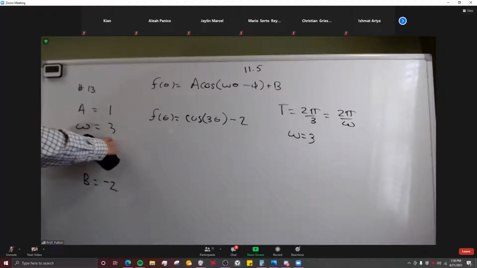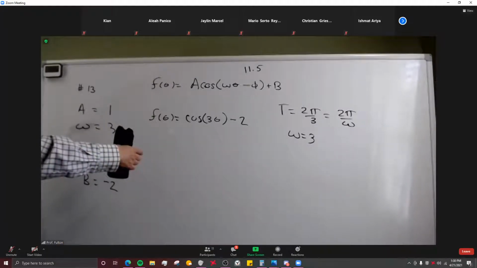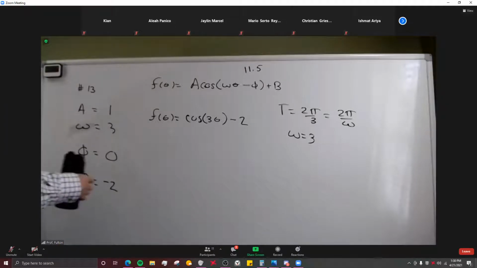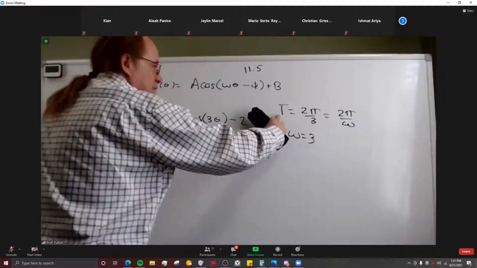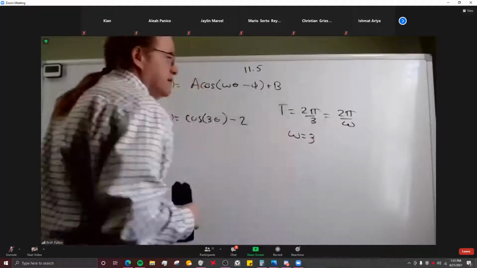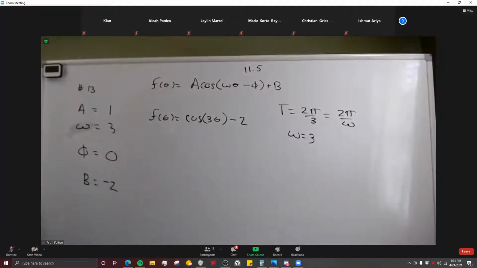When you want to find omega, find the peak to peak, valley to valley distance, and that's your period, and your period is always 2 pi over omega, and then you can solve for omega. When you want to find the offset, you can see if it's shifted up or down, you're going to have an offset. If it's equally going between above and beneath the x or theta axis, the offset is 0.